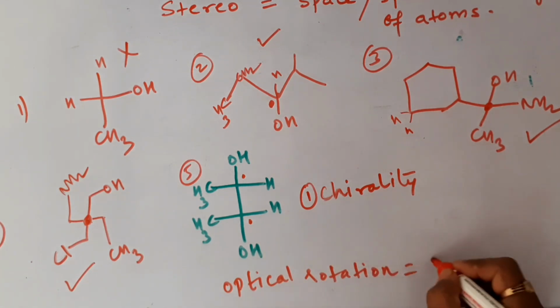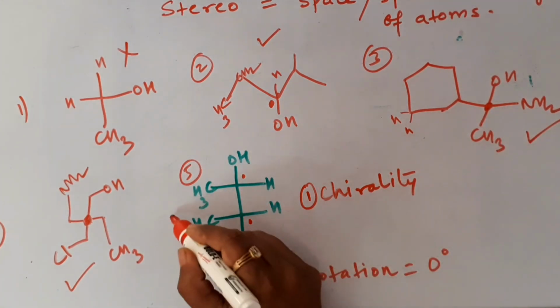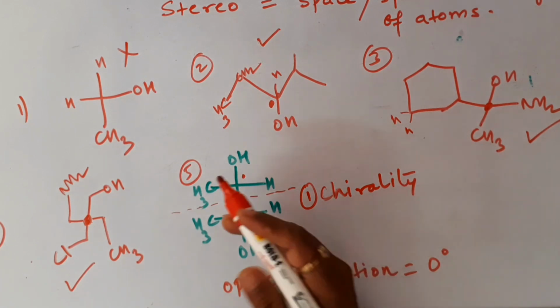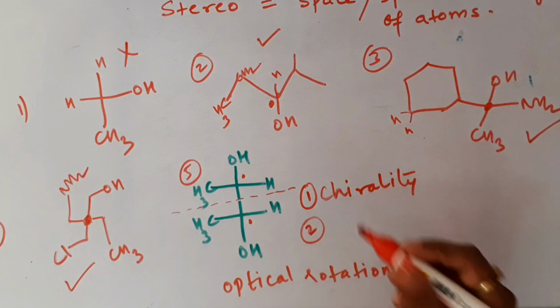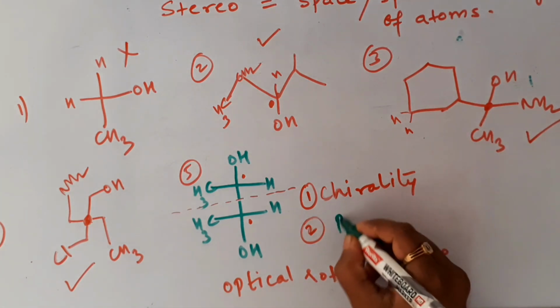So what is the reason for 0 degrees optical rotation though it is chiral? If you look at the structure very carefully, you will see that there is a mirror plane going from here, due to which the molecule gets divided into 2 equal halves. So this compound is actually having an element of symmetry or a plane of symmetry.